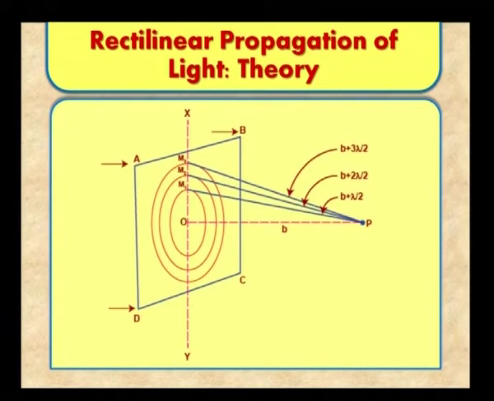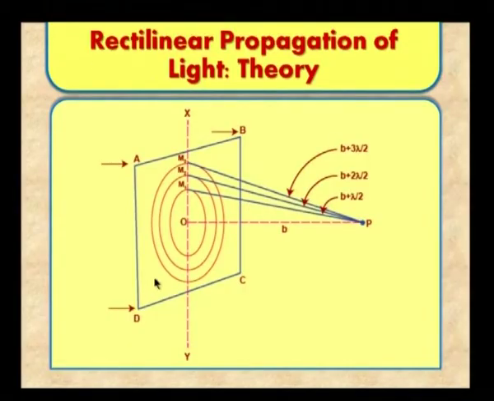It is more of a mathematical approach, but the essential point is what I told you just now. A plane wave front of the light has come and reached a place up to ABCD, up to XY, and in that construction we have the Fresnel zones: first zone, second zone, and so on.